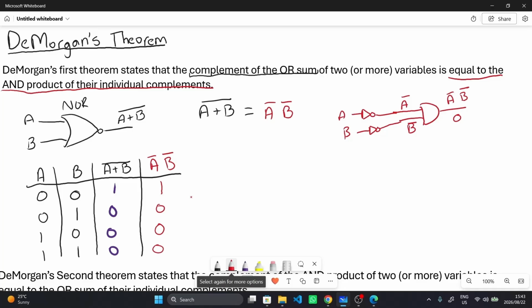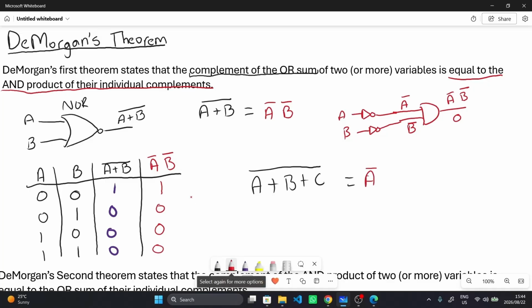And also make sure when you are writing this, there is no line in between, right? So it breaks the bar, then changes addition to multiplication or multiplication to addition, right? Similarly, you can have, let's say, 3 inputs like this: A plus B plus C, all of them complement, and it will be similar to this.